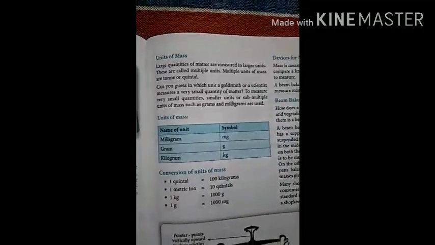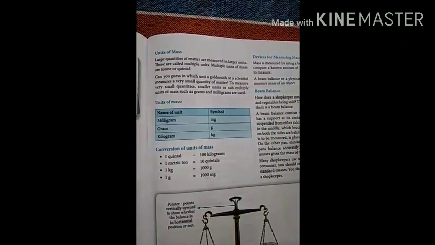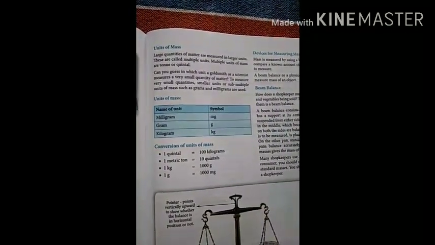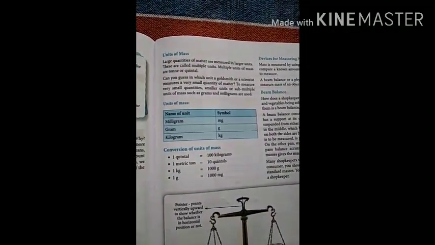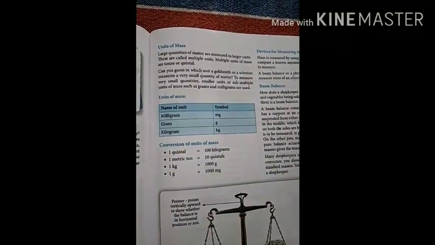Now, units of mass. Large quantities of matter are measured in large units. They are called multiple units. Multiple units of mass are ton or quintal. And the smaller units of mass are called the submultiple units.